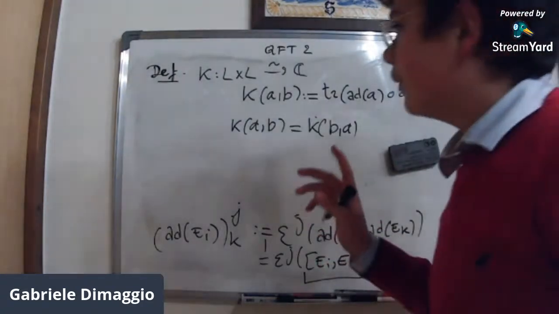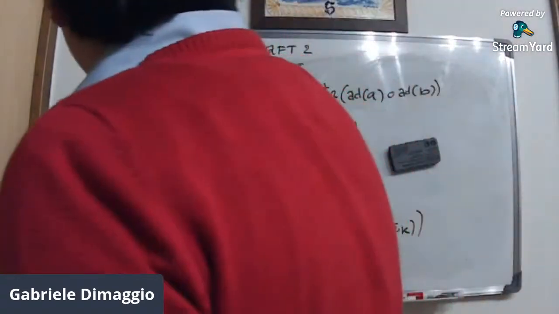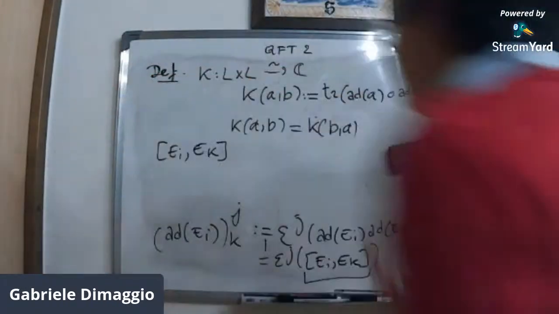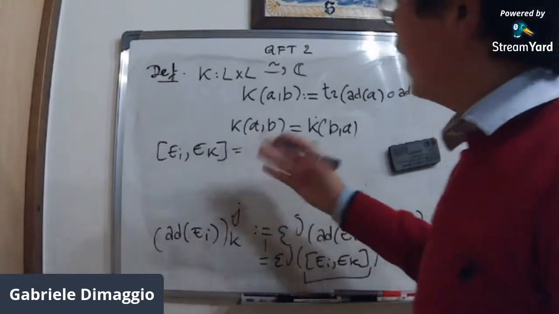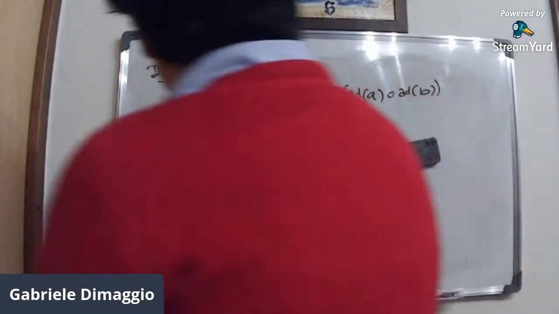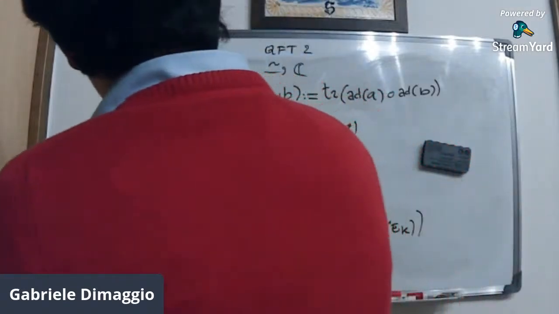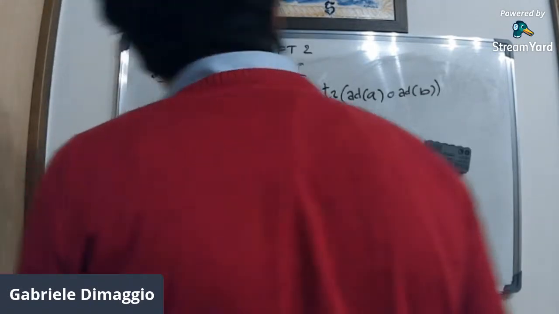Now we can start talking about generators of my Lie algebra. In fact, I have the e_i, e_k. In this case, I have this commutator, and this is equal to a particular product between two elements. These two elements are the structural constants, c^m_ik e_m.